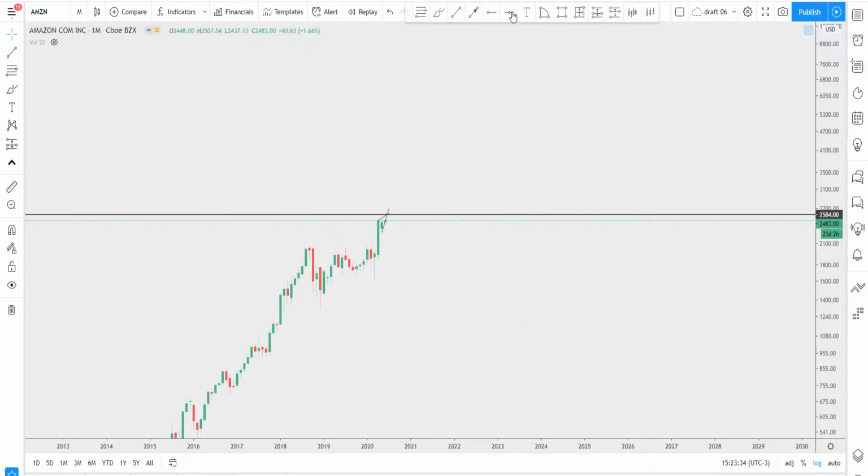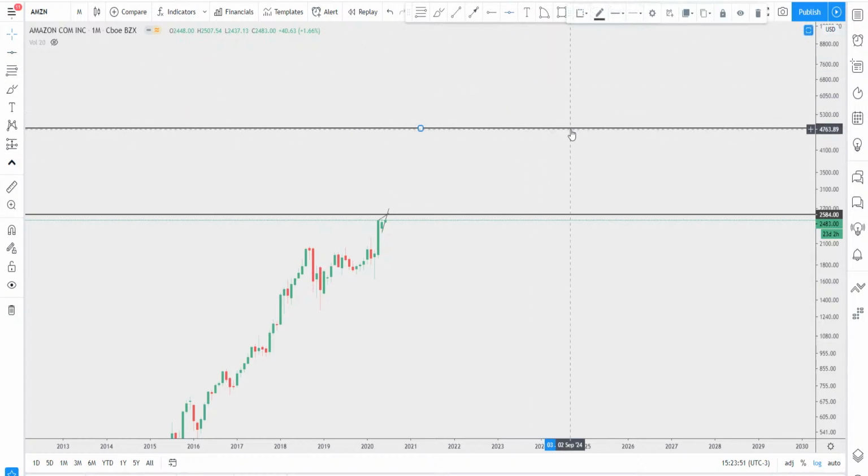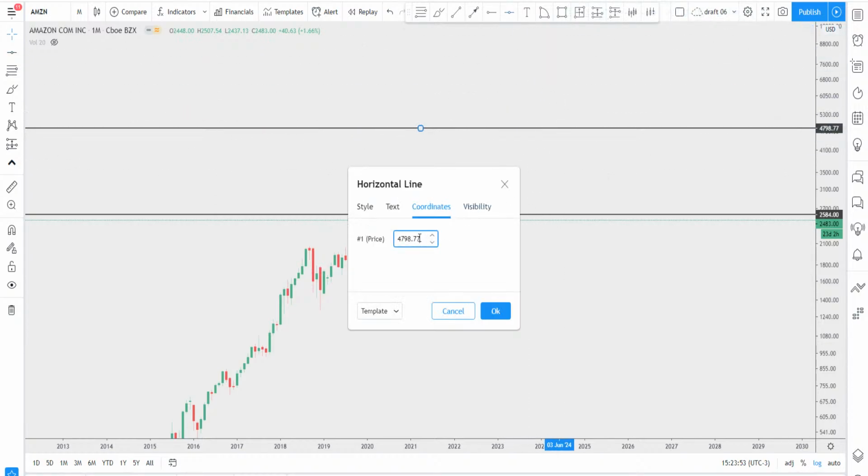So the next target for Amazon, if the bulls are able to make it above this level here, or even just hit the line, okay? It doesn't have to close above. Okay.